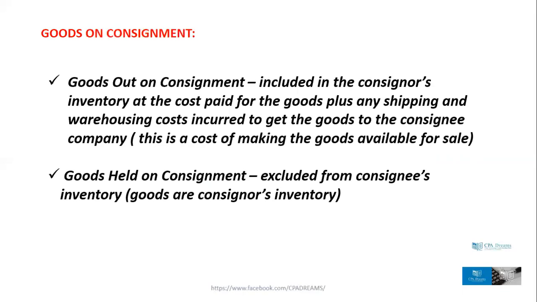Okay. Now, what about goods on consignment? Okay, so goods out on consignment, this is included in the consignor's inventory at the cost paid for the goods plus any shipping and warehousing costs incurred to get the goods to the consignee company. Ano naman yung goods held on consignment? It is included from consignee's inventory. Paano ba to? Nakareceive ako ng item, okay? Pero hindi pa ako ang nagmamay-ari.